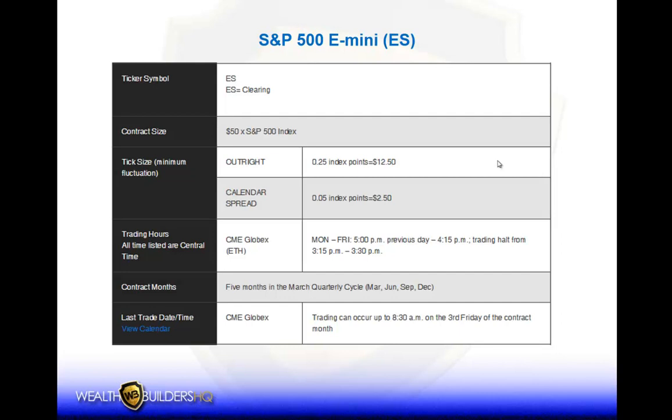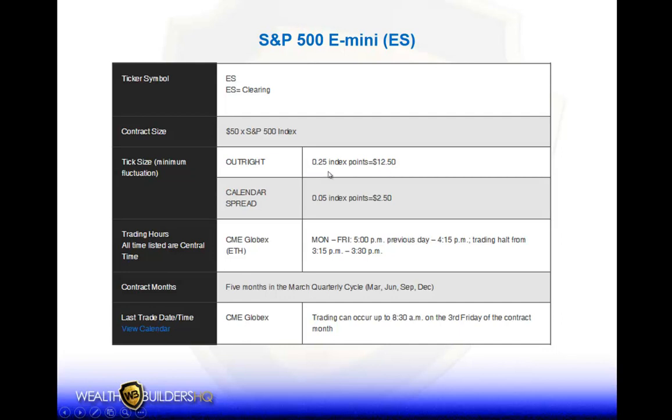It moves in 1/4 point increments. So there are 4 of those in 1 point of the S&P. And if we know 1 point of the S&P is $50, then each 1/4 point is $12.50 right here.